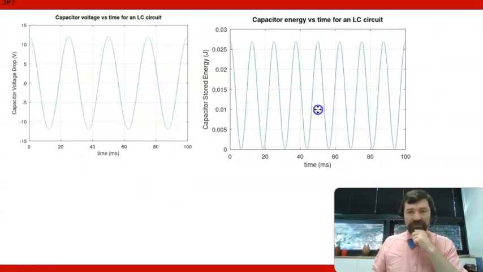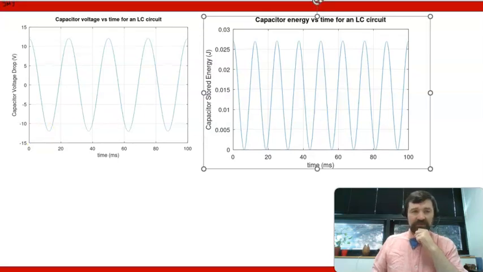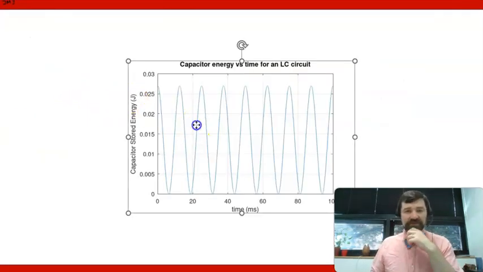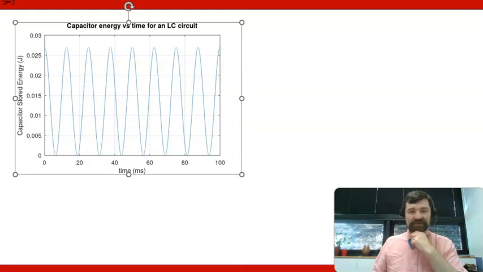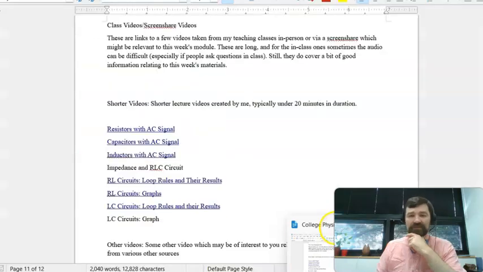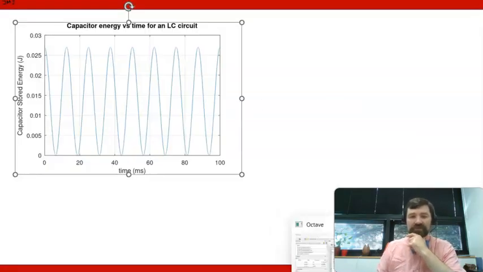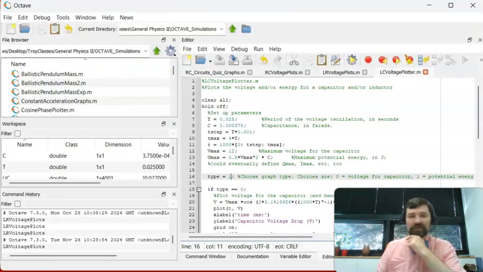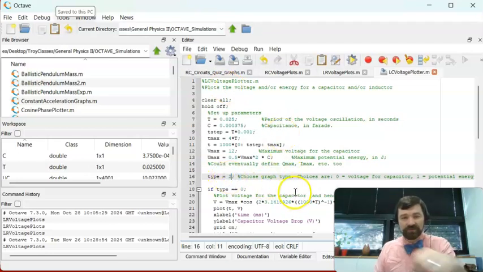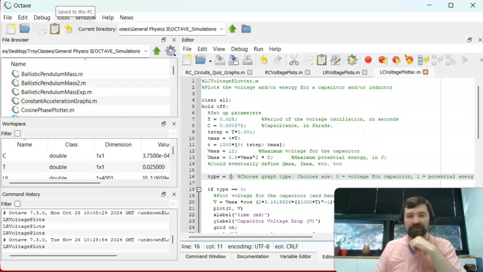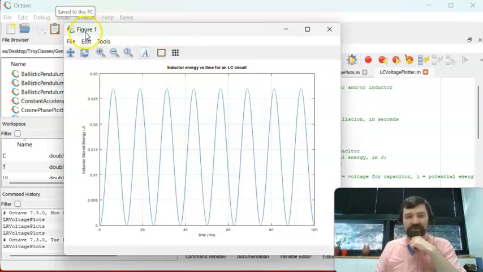So here's the side-by-side of those. Maybe I will also have a side-by-side of that and the energy from the inductor, and then I also want maybe each of the other two graphs that we could do. So let's quickly get those other two. So let's do energy for the inductor, which looks like this.